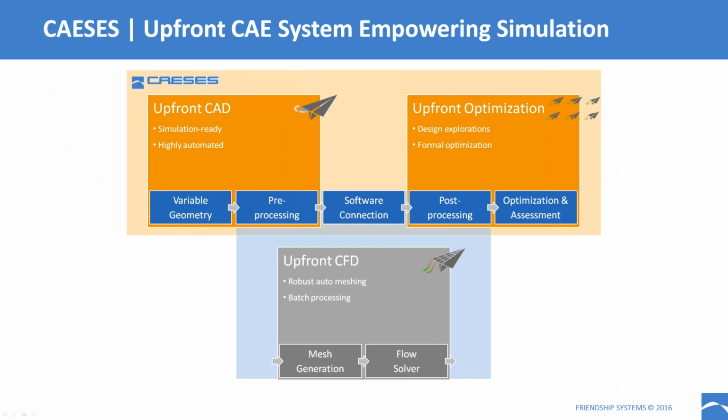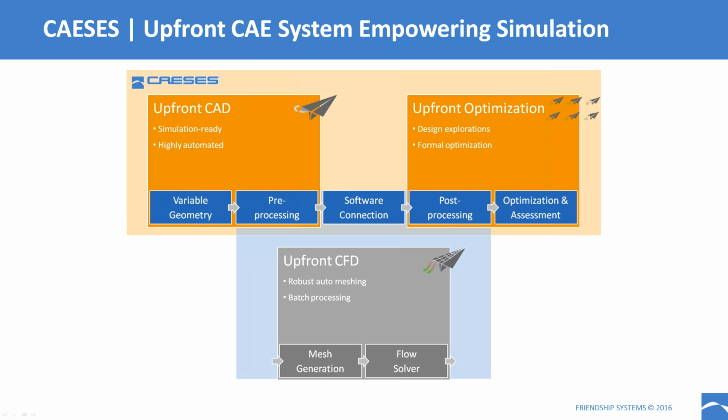So, as I said, let me give you a quick recap if you're not familiar with CAESES and tell you what CAESES is about. CAESES is a CAE platform. The name stands for CAE System Empowering Simulation. That's the acronym behind CAESES. And the intention of CAESES is to provide the functionality that is necessary in order to run simulation-driven design.